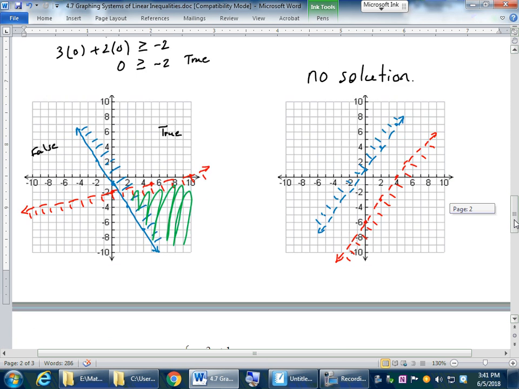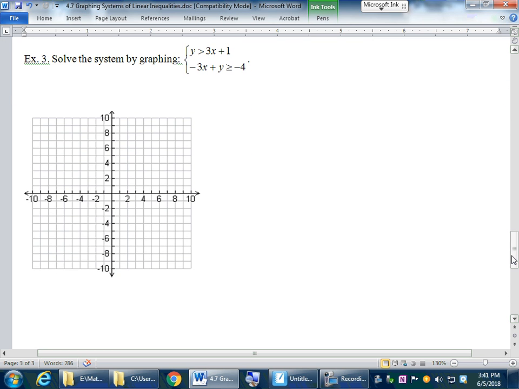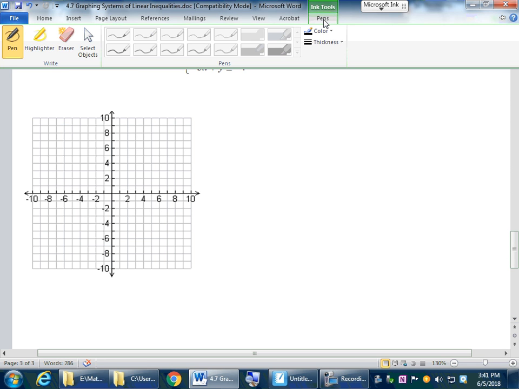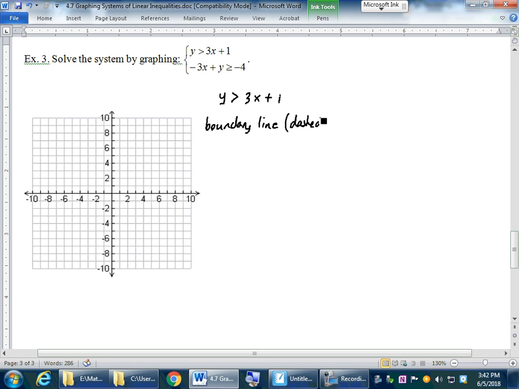So finally, the last example that we want to look at. The first inequality is y is greater than 3x plus 1, and we know that our boundary line is dashed.